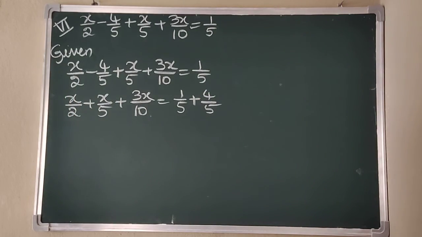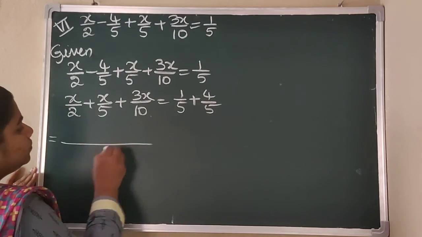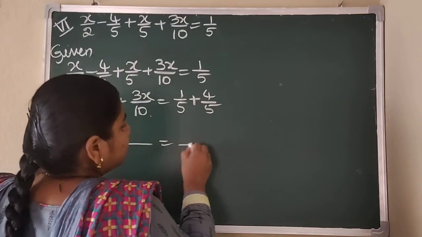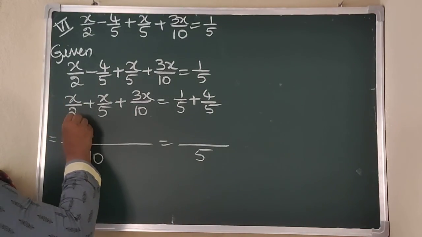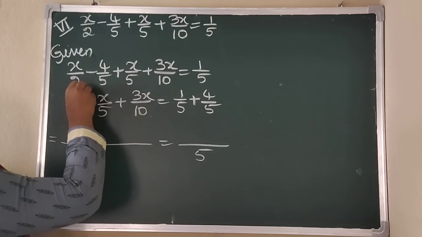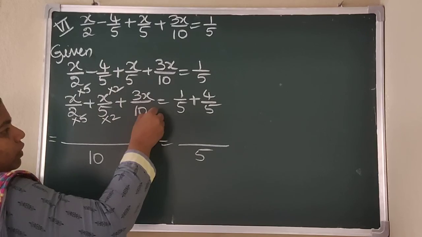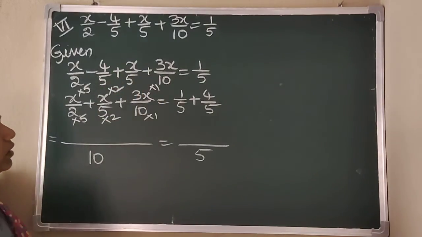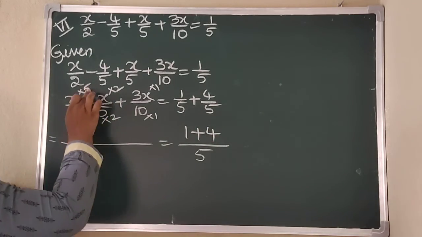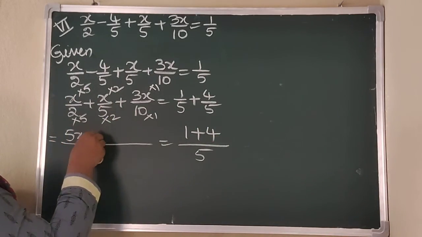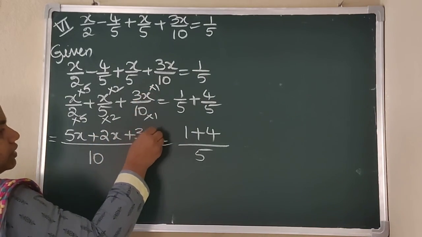Okay, so now you take the LCM here. The LCM of 2, 5 and 10 will be 10. And here the LCM is 5. So how many times do you have to multiply to get 10? That is 5 times. Into 5, into 2, into 1. So here directly we can add the numerators, that is 1 plus 4. So 5 into x is 5x plus 2 into x is 2x plus 3x into 1 will be 3x.